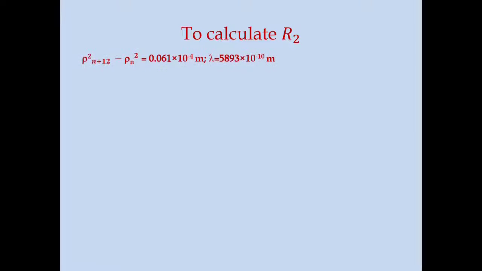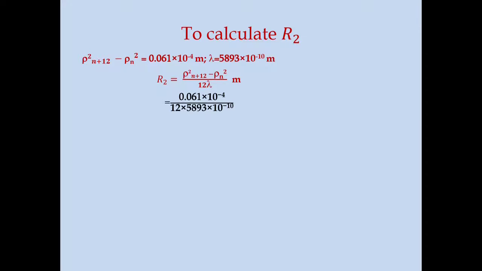Okay, let's calculate the radius of curvature for the second surface, R2. Rho square n plus 12 minus rho n square for the second surface is 0.061 into 10 power minus 4 meter, and the lambda we know is 5893 into 10 power minus 10 meter.